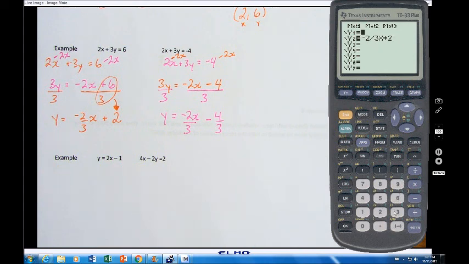And then we have negative 2/3 x minus, choose the minus sign, minus 4 divided by 3. And then graph.